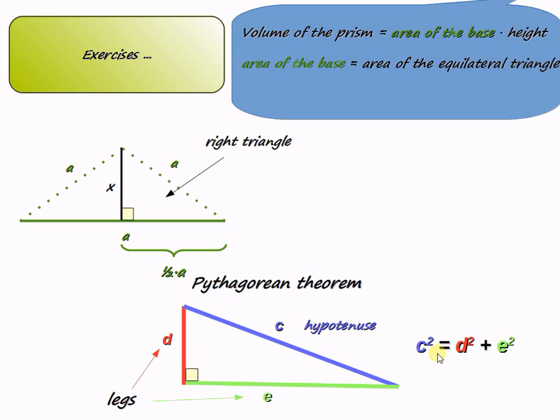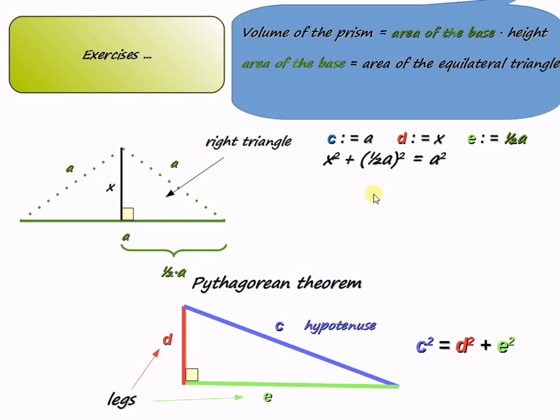In other words, the square of the hypotenuse is equal to the sum of the squares of the other two sides. So we simply apply this formula to our case, keeping in mind that c from the theorem is now a, d turns into x, and e is exactly equal to half of a. So the formula gives us the following equation: x squared plus half of a squared is equal to a squared.